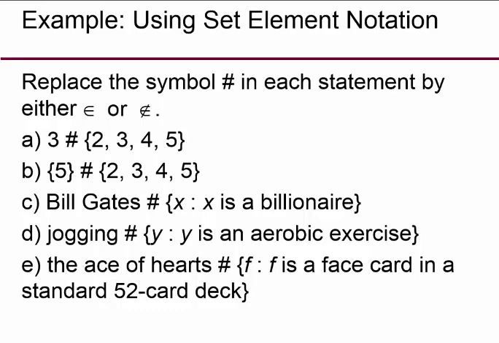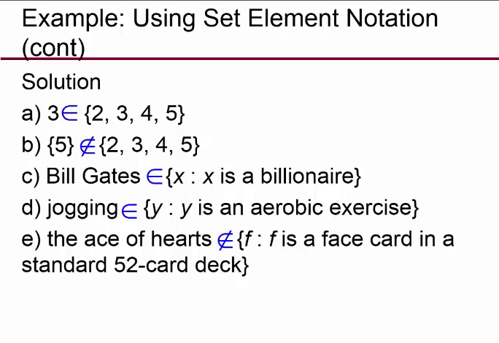So here we have A, B, C, D, and E. And so 3 is in fact an element of the set that contains the numbers 2, 3, 4, and 5. The set that contains the number 5 is not an element of the set that contains the numbers 2, 3, 4, and 5. And the reason being is that the set that contains the number 5 is a set itself.